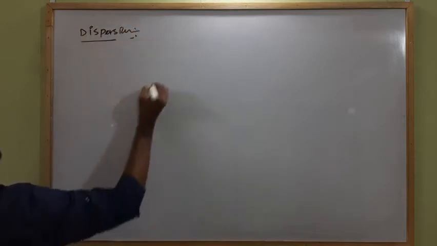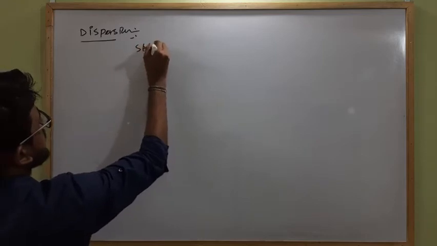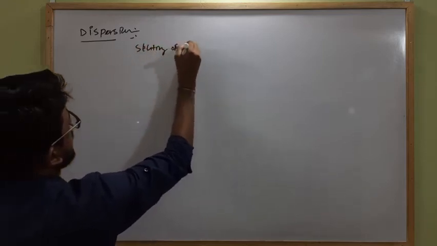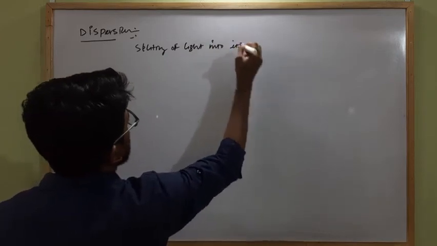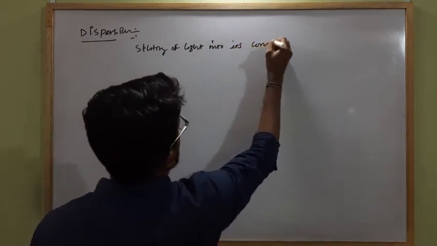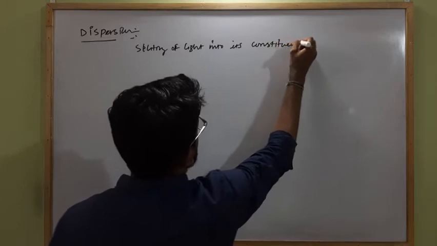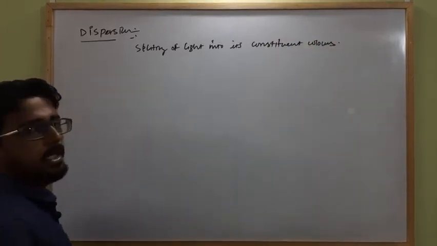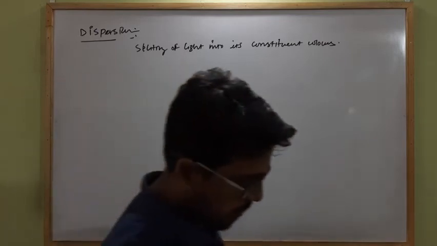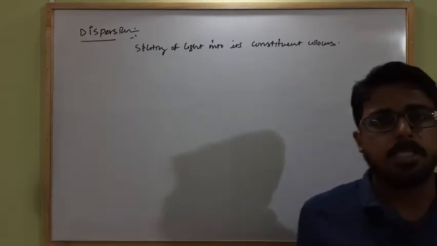So what is dispersion? The splitting of light into its constituent colors is known as dispersion.